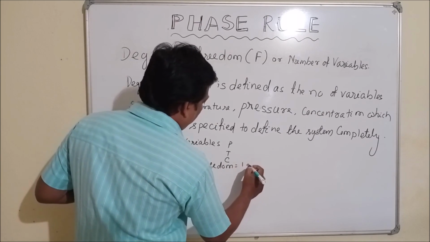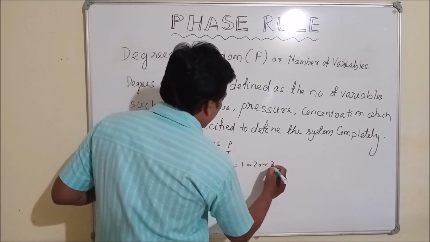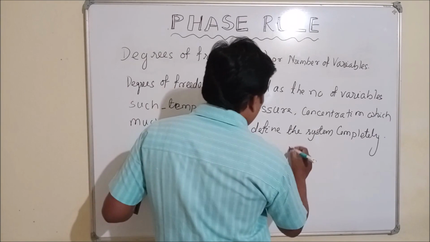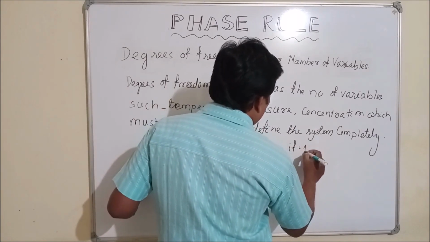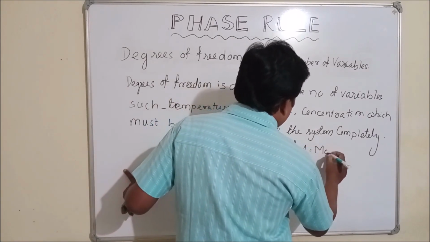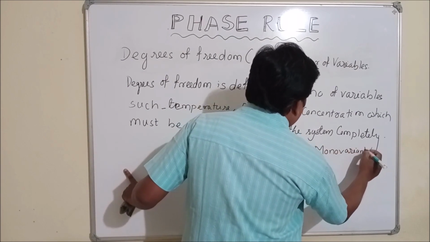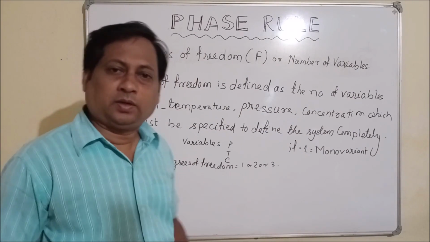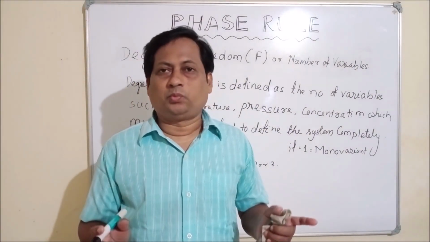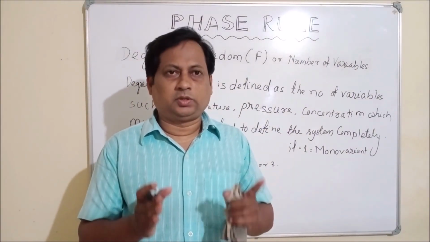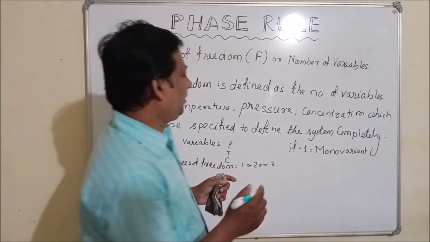Degrees of freedom may be equal to 1 or 2 or 3 like this. If the degree of freedom is 1, then it is monovariate, meaning one variable.